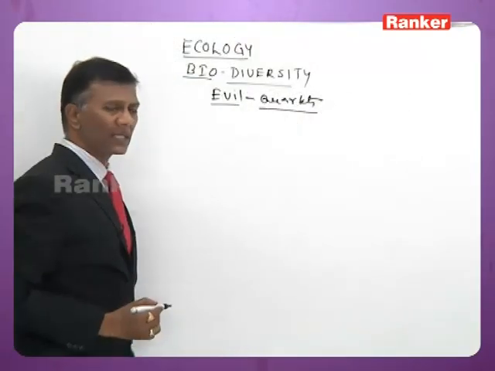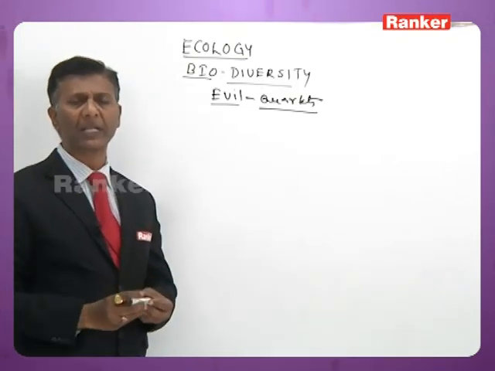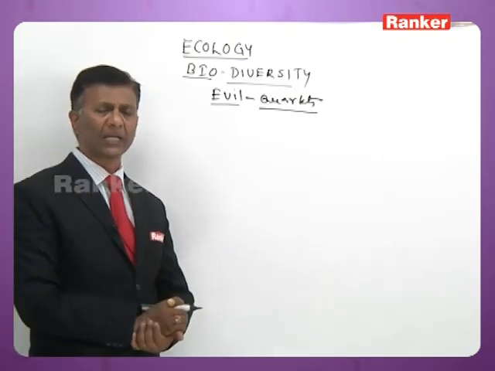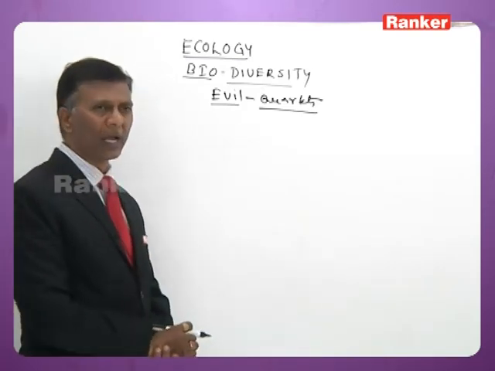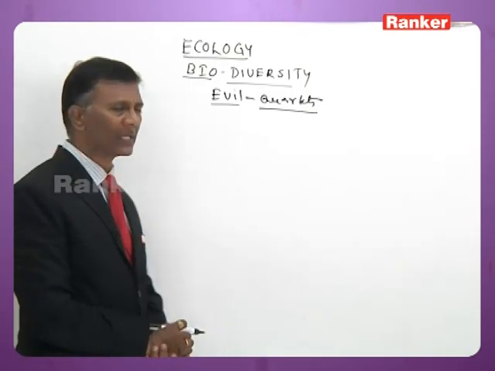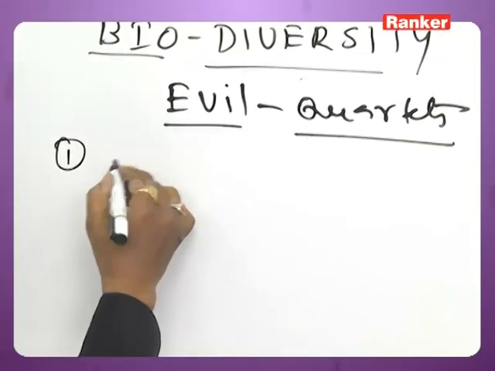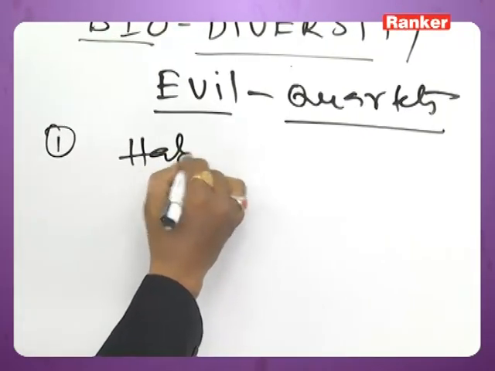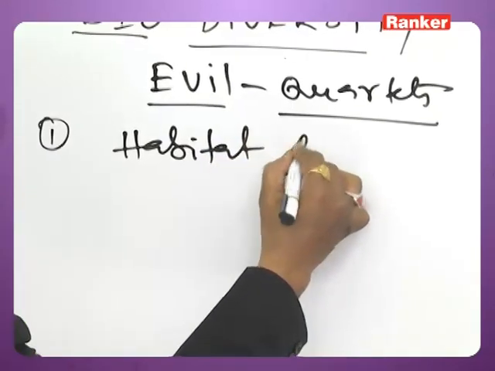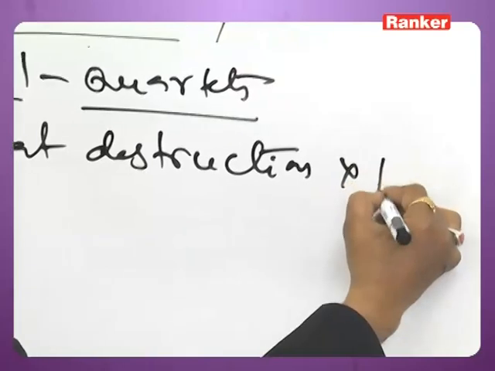Now the evil quartet, the 4 reasons which are responsible for the loss of biodiversity in India as well as in the entire world, are considered as the evil quartet, the four main reasons for the loss of biodiversity. Under this, first you have habitat destruction and fragmentation.